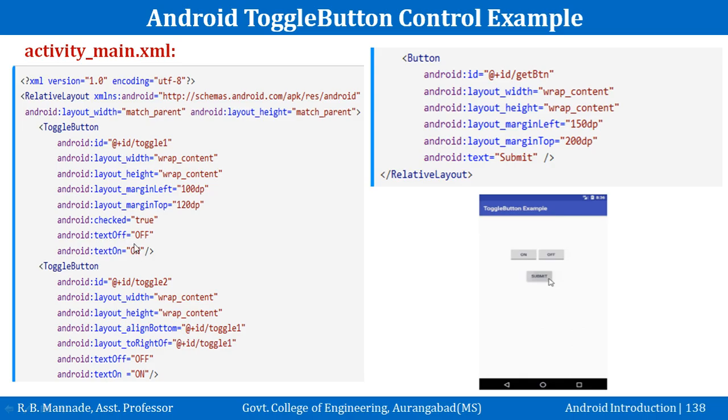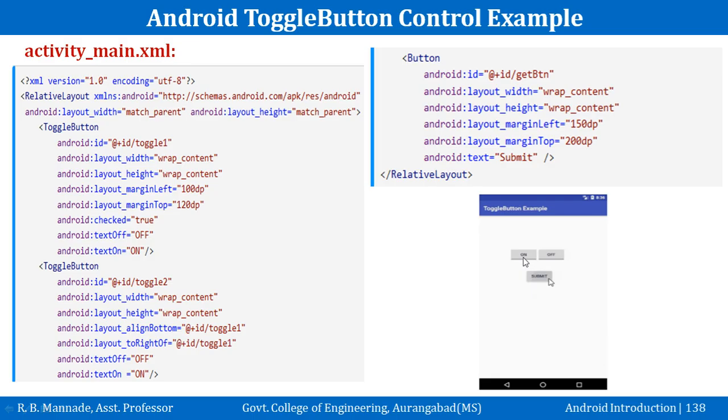Then textOff is set to off and textOn is set to on. That is why right now this button is on, by passing true to the checked property, and its text shows on because we have set the textOn property to on. If we had set the textOn property to yes, then it would show yes here.